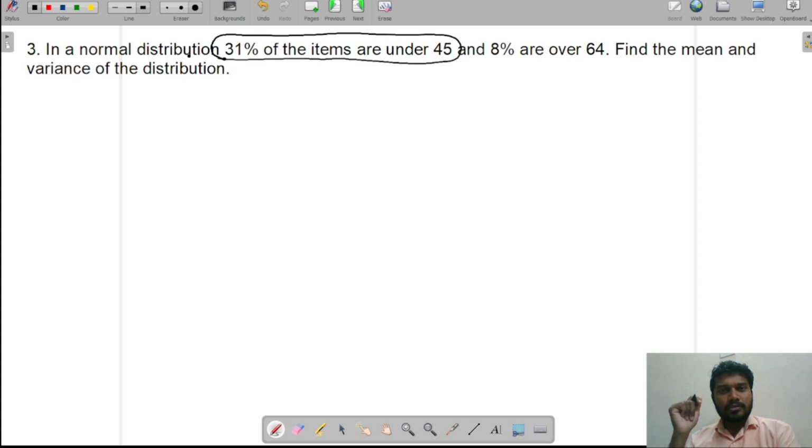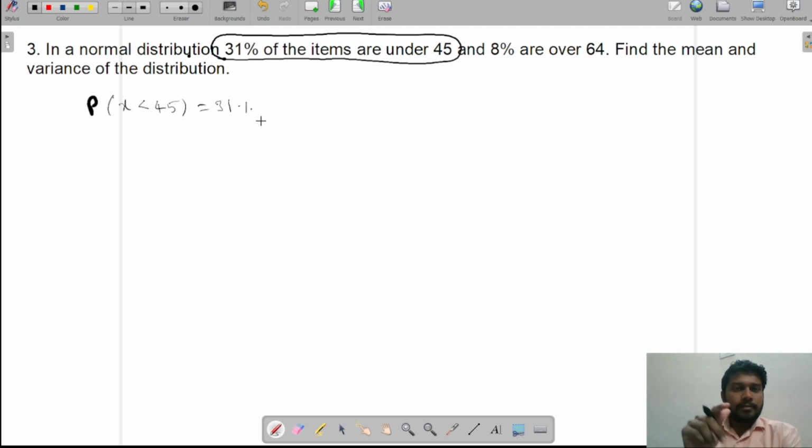Can you guess? Yeah. So here we can denote this in terms of probability as P of x under 45, so x less than 45 is equal to 31 percent.